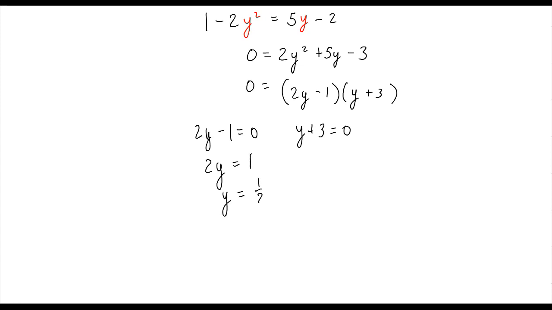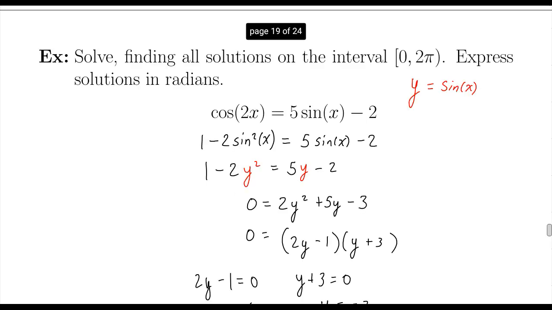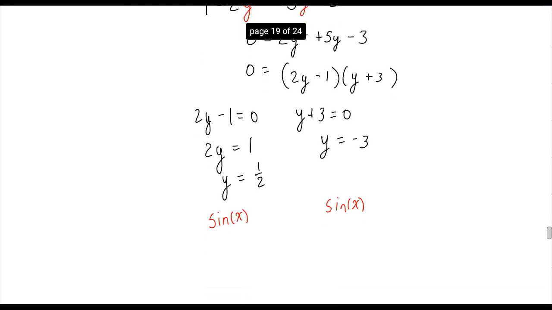So y is 1/2. And this one says that y is negative 3. But remember, y is really just sine of x. So sine of x, let me write them both down real quick, sine of x is equal to 1/2 and equal to negative 3.